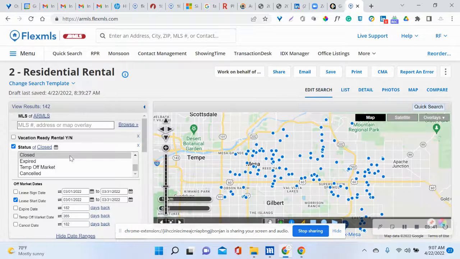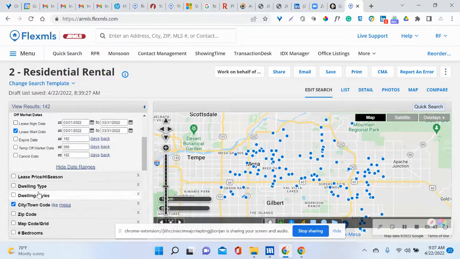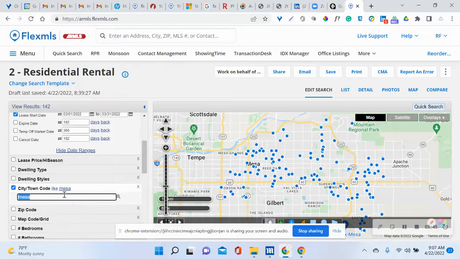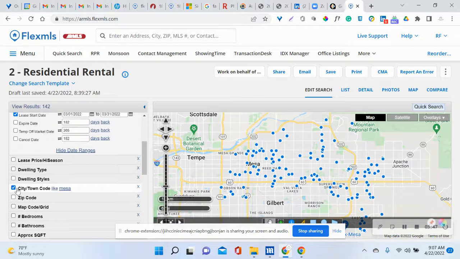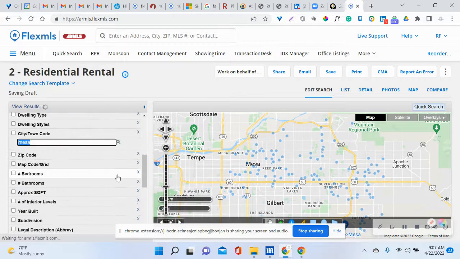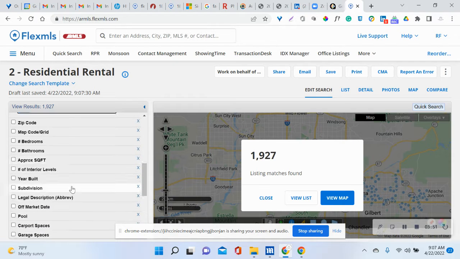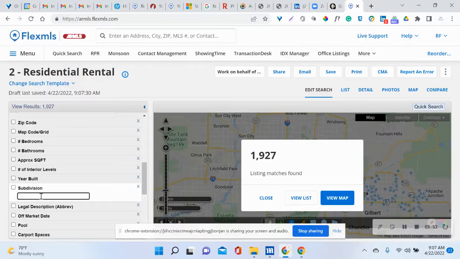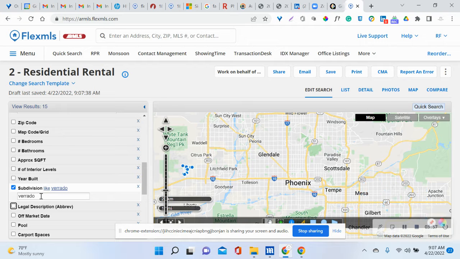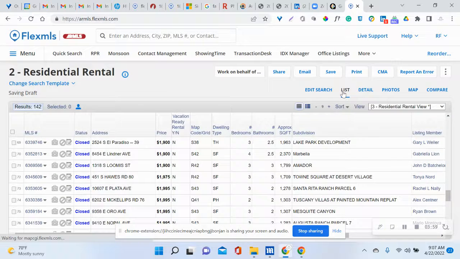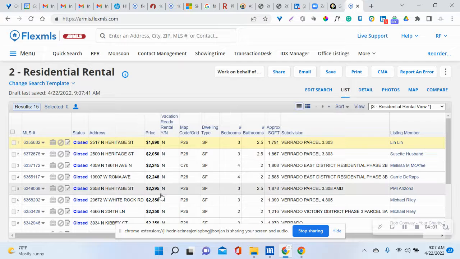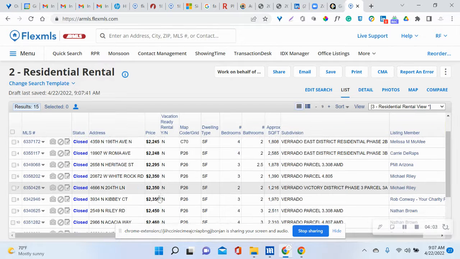So I'm going to go into MLS, and the first thing I'm going to do is find out what the median rents were for Verrado in the month of March. All right, so the median was $2,350.